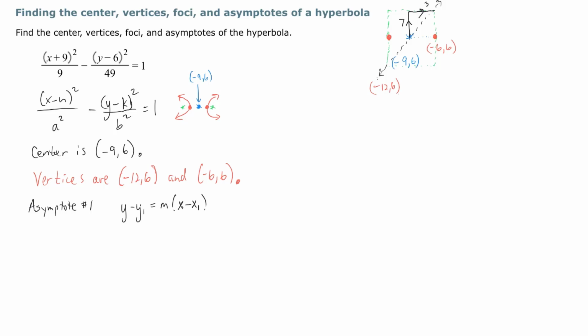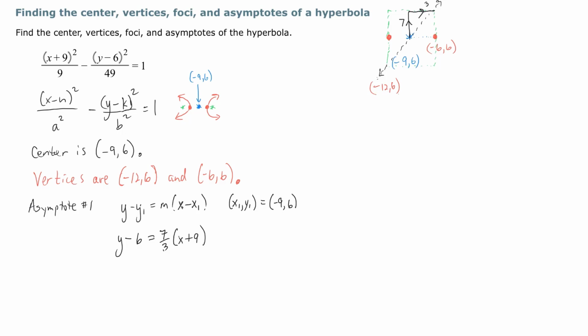And we're going to use the center to be x1, y1, which is equal to -9 comma 6. So we have y minus 6 equals 7/3 times x plus 9. So there's an equation of one of the asymptotes.